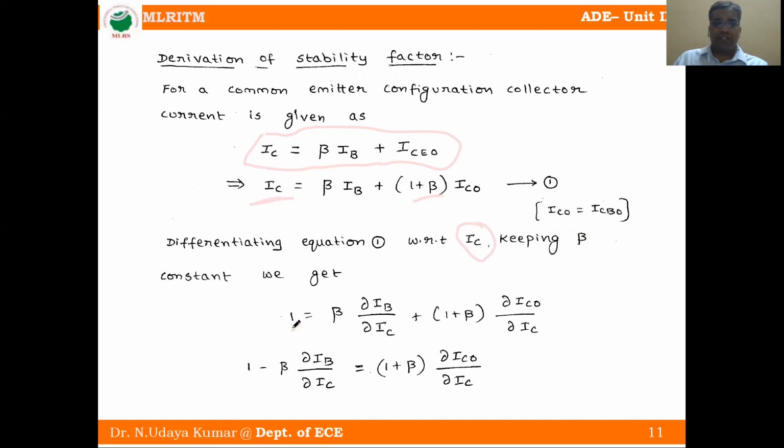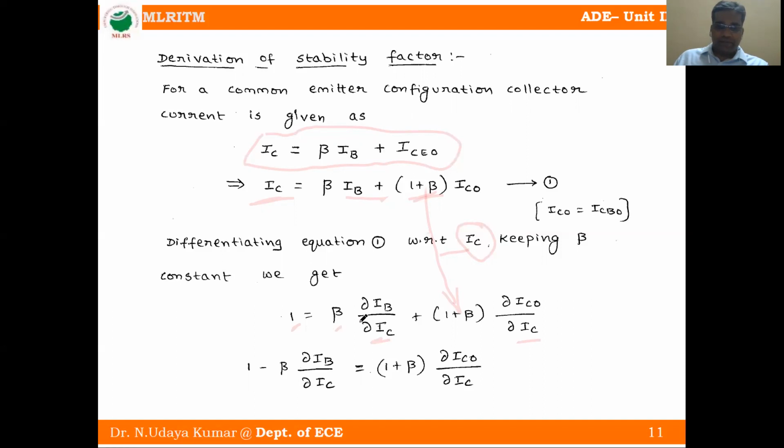So 1 is equal to beta into dou IB by dou IC, beta being constant here, plus (1 plus beta) into dou IC naught by dou IC.